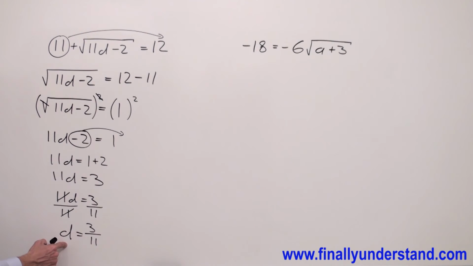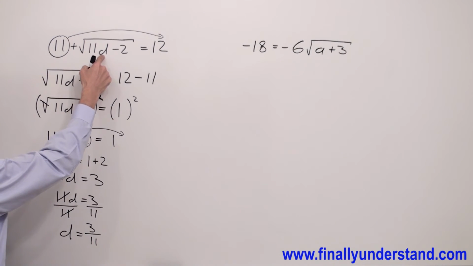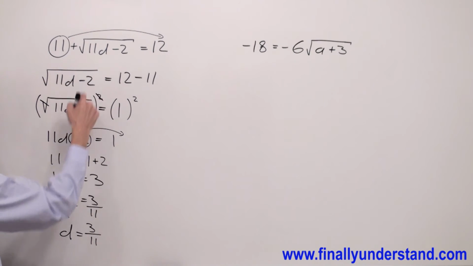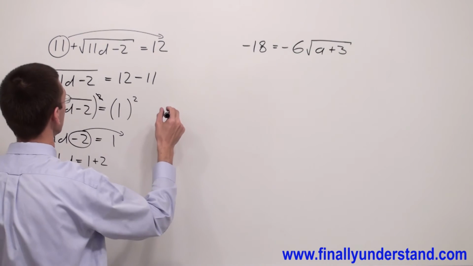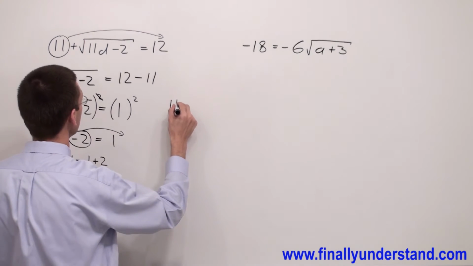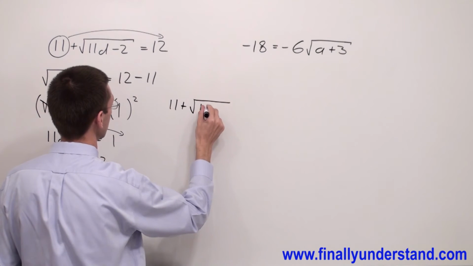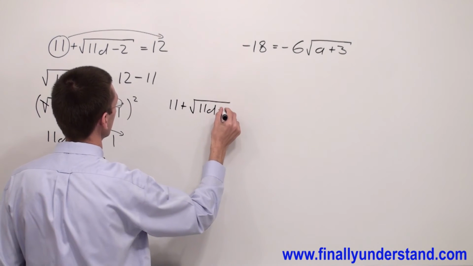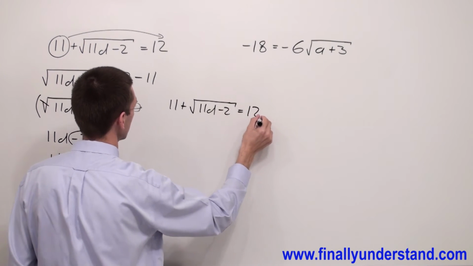Let's check if this is the correct answer. I'm going to replace the d in my equation by 3 over 11. Okay, so I'm going to have 11 plus square root of 11d minus 2 is equal to 12.